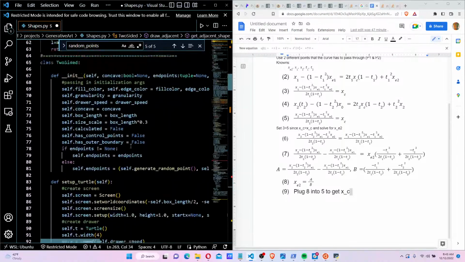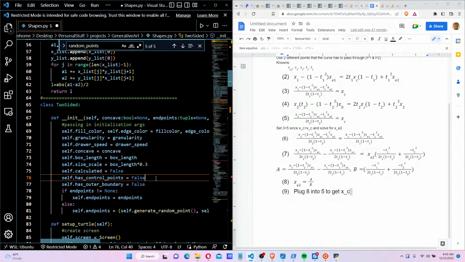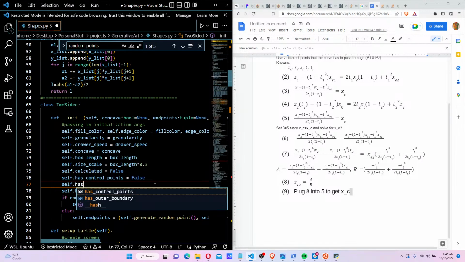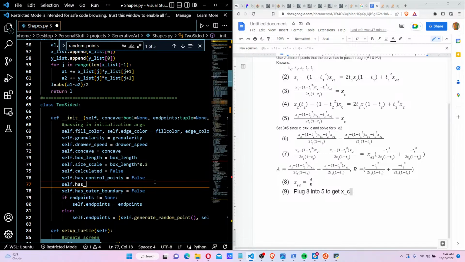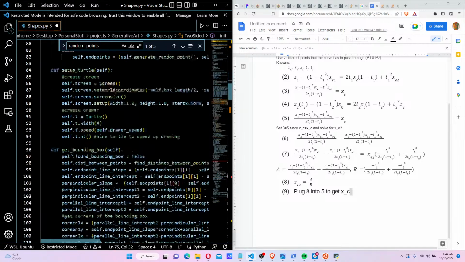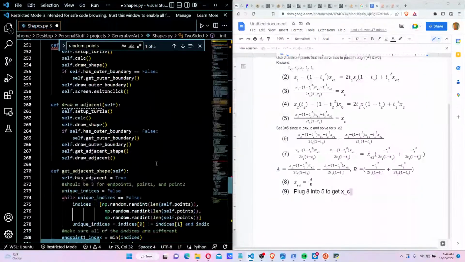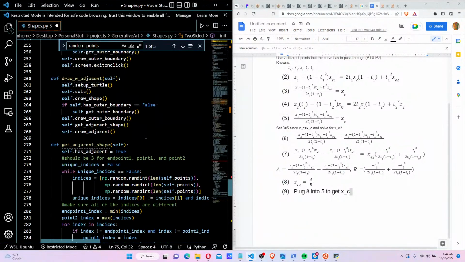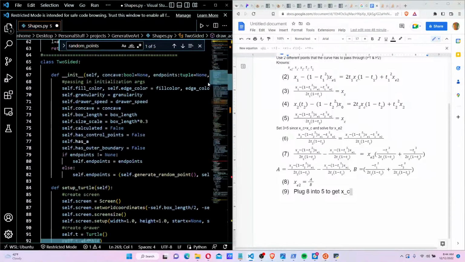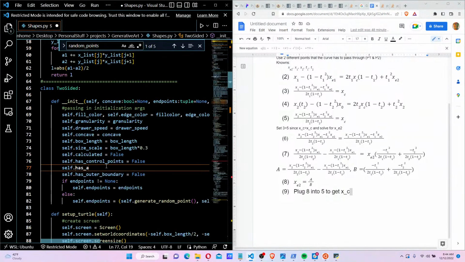So then upon initialization, self.has adjacent is equal to false.